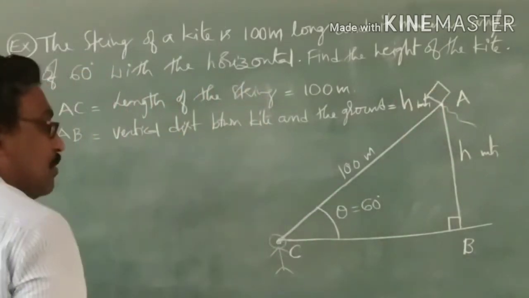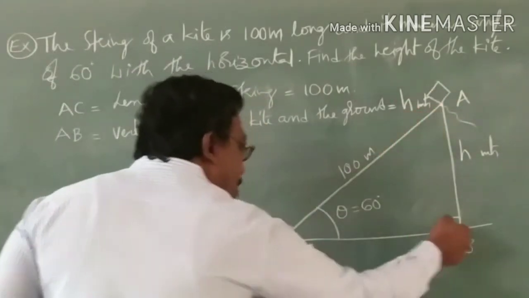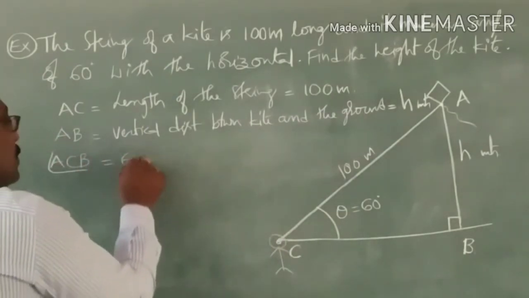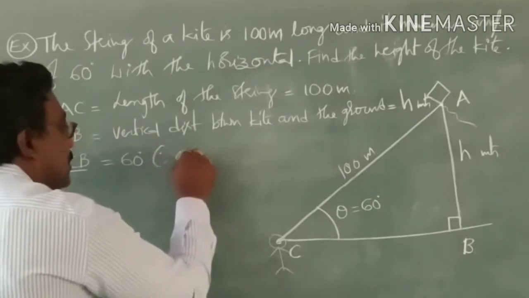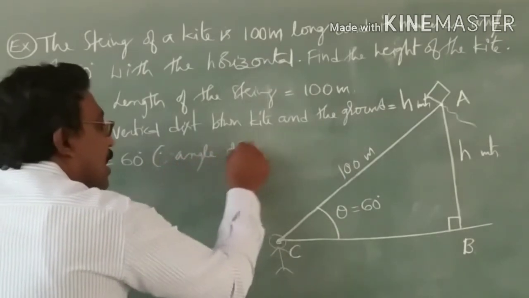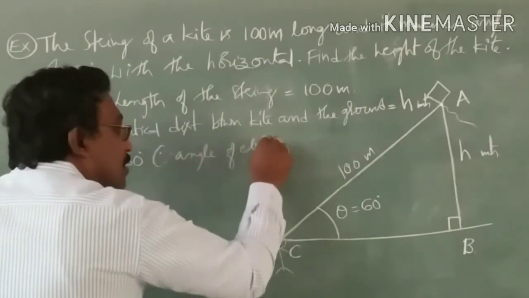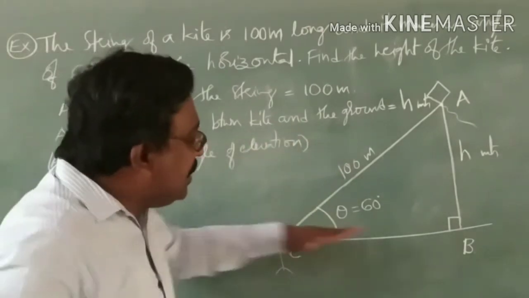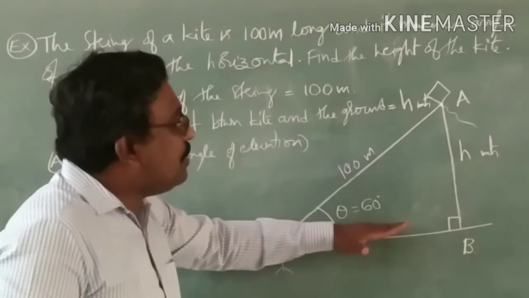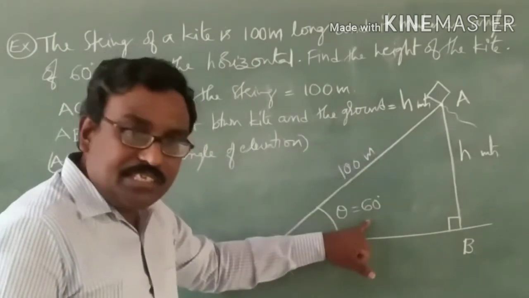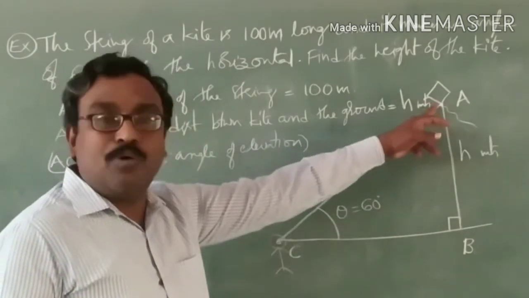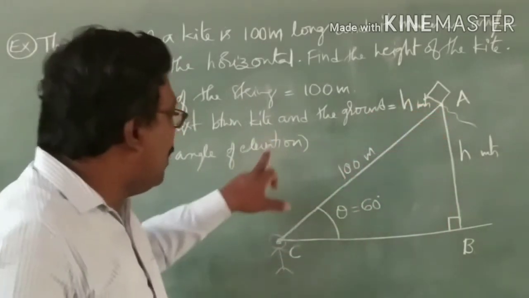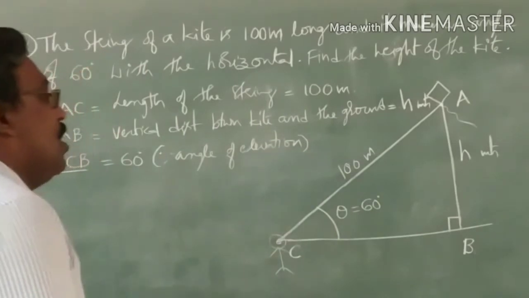The next one is angle ACB, equal to 60 degrees. He gave this as the angle of elevation, because you are here, and this is your index line. You are observing the kite at an angle of 60 degrees, so your observation point is above the index line. That's why it is called the angle of elevation.